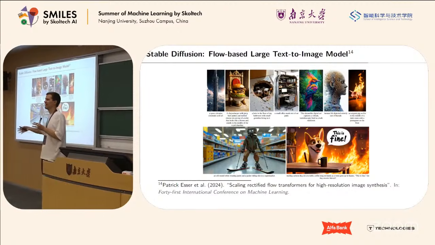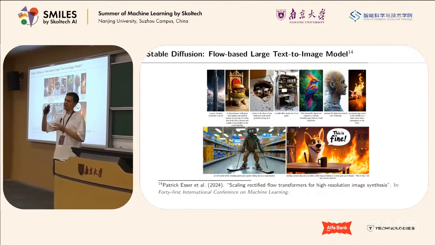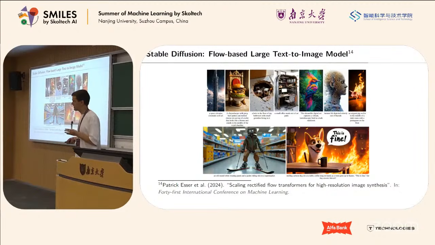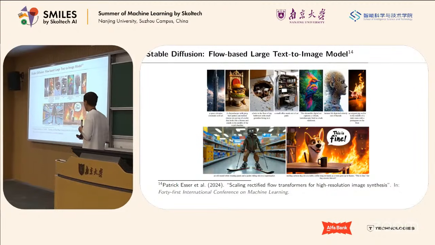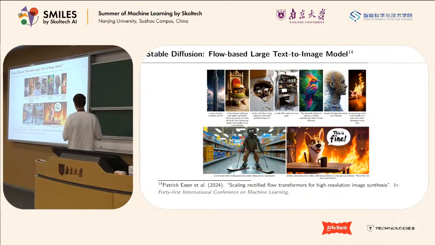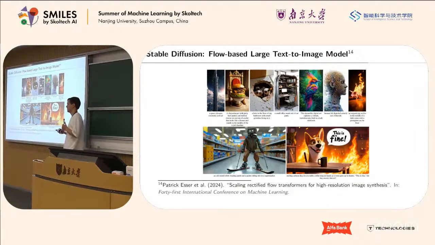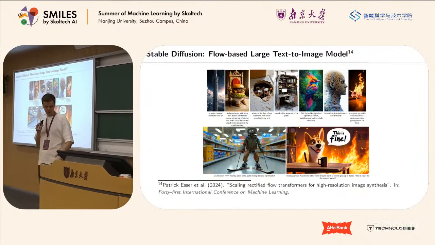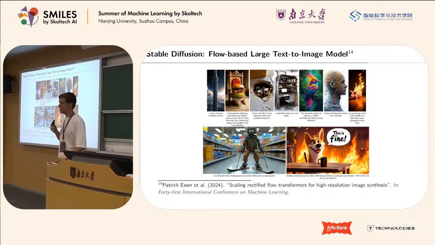There were some technical improvements on top of this flow matching, for example, a different schedule for trajectories and so on. But the short story here is that it scales, and it is now widely used in many modern large text-to-image models. For example, some part of the Kandinsky model is based on flow matching.